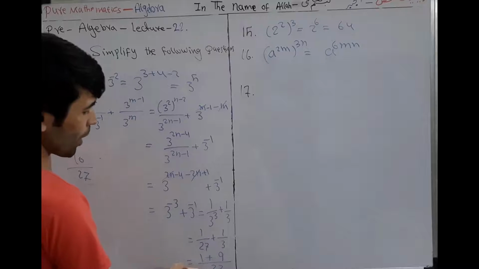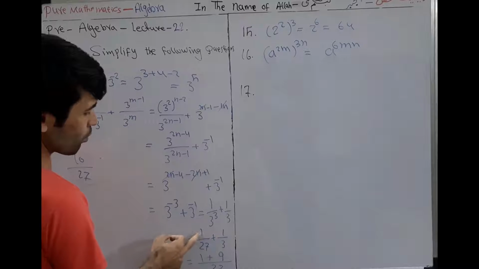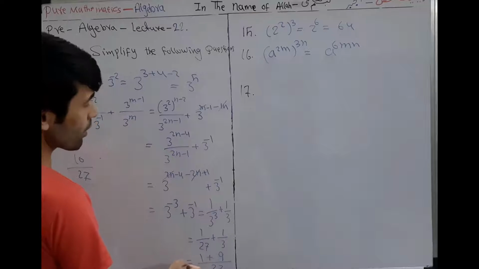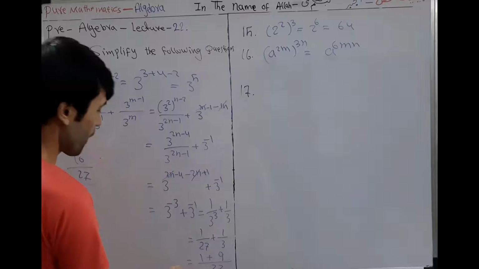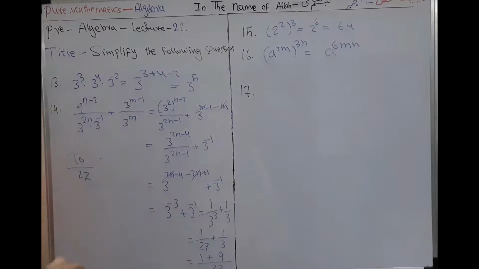We take common denominator 27, 1 plus 9, which gives 1 plus 9 over 27.